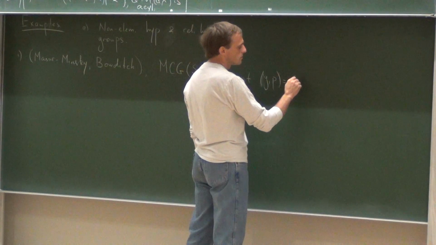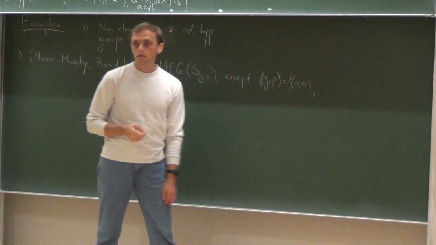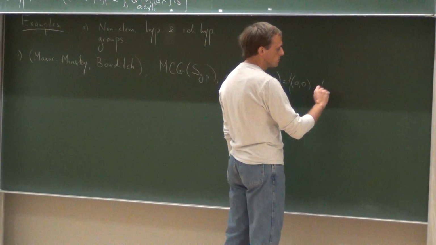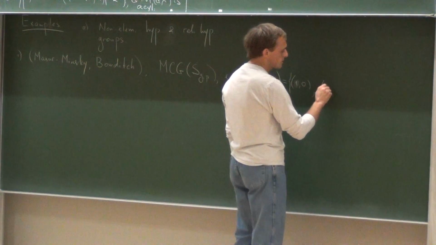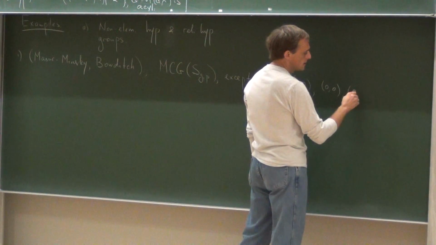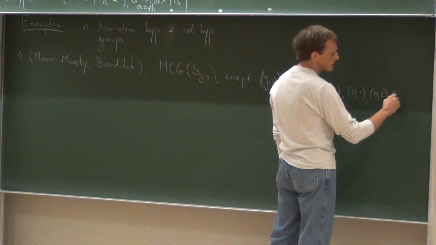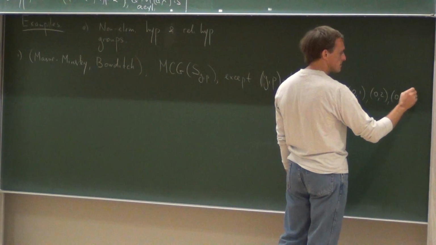So we need to exclude the torus, right? And that's it in genus 1. And then we have to exclude, oh, sorry, (1, 0). And then we have to exclude (0, 0), sphere with 1 point, sphere with 2 points, sphere with 3 points. Right?